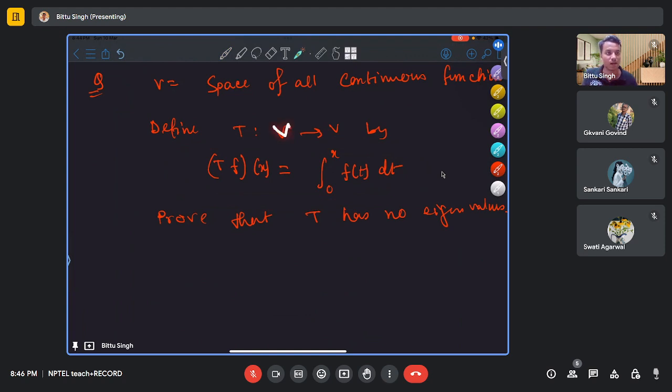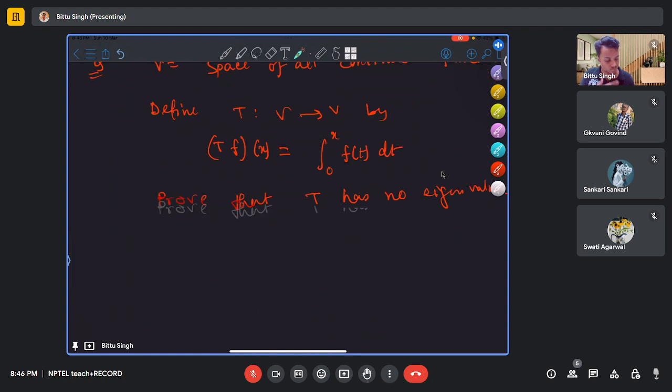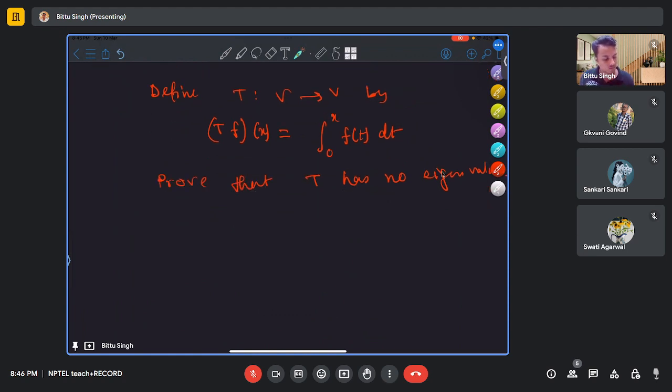Here V is not a finite dimensional space. The vector space V is an infinite dimensional space, and there are some transformations like this for which there is no eigenvalue. So how do you prove that? The proof is like this.